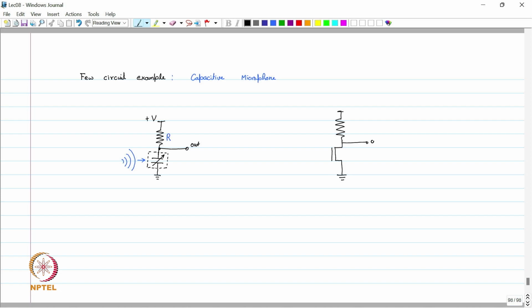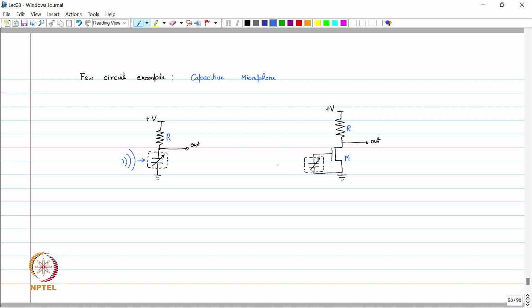This is out, and the capacitor is connected here. This is a variable capacitor. The voltage applied is plus V as a bias. This resistance is, let's say, R. This is a MOSFET M.